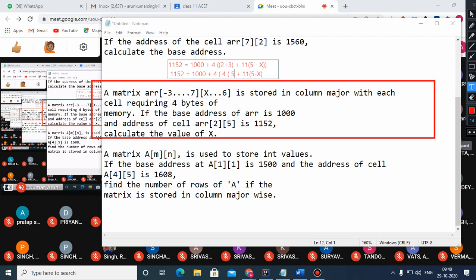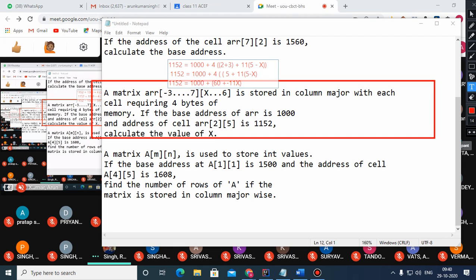So further, here the equation comes like this.